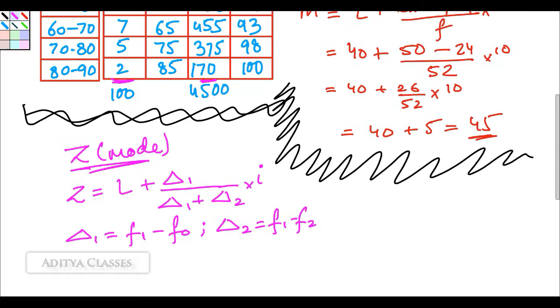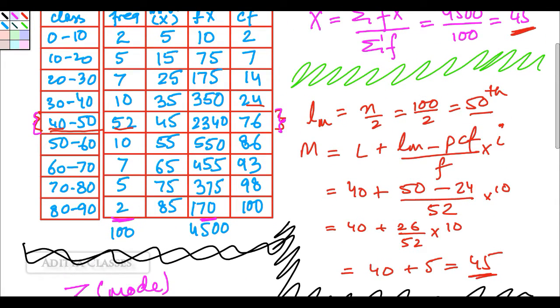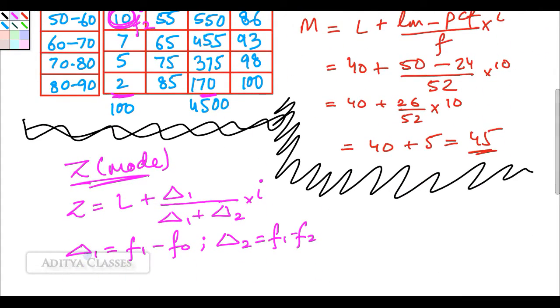And now what are these things? F1, F0 and F2. Look at this frequency very carefully. This is the highest frequency, the frequency just preceding this and the frequency just succeeding this. These three are important frequencies and we call them F0, F1 and F2. So what is delta 1?